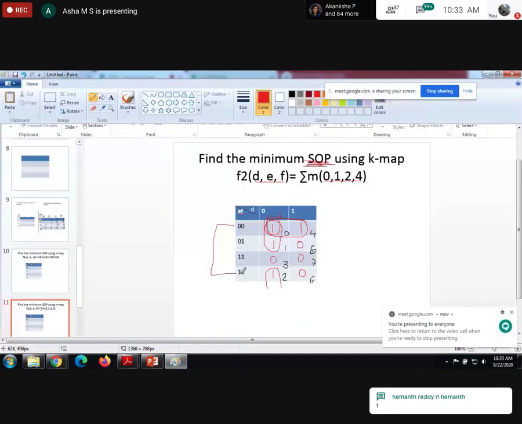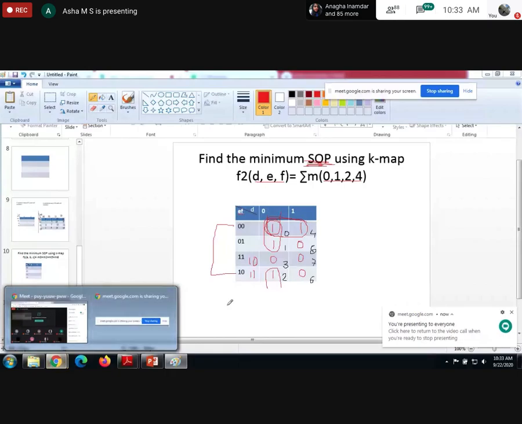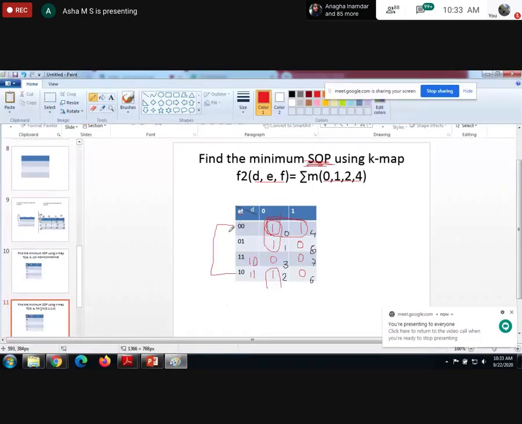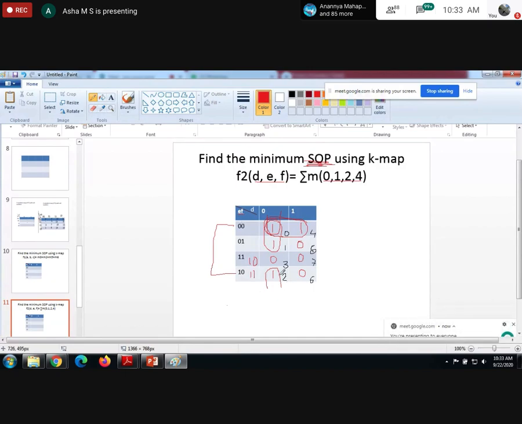If I place 1 0 here and 1 1 here, when I fold this and this, is it possible to minimize it? This is the rule of the K-map. Can I fold cell number 0 and the last row? Can I fold the first row and the last row?